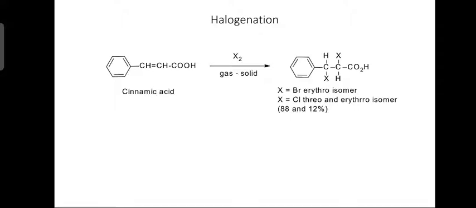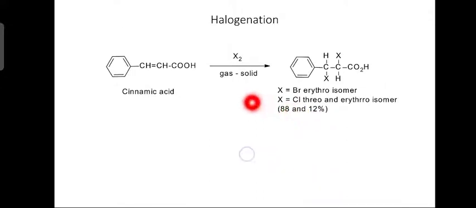Now let us see halogenation. Cinnamic acid on halogenation: if you take the halogen as bromine, on bromination it gives the erythro isomer. But suppose you consider the halogen as chlorine, its chlorination gives a mixture of threo and erythro forms, threo 88% and erythro 12%.